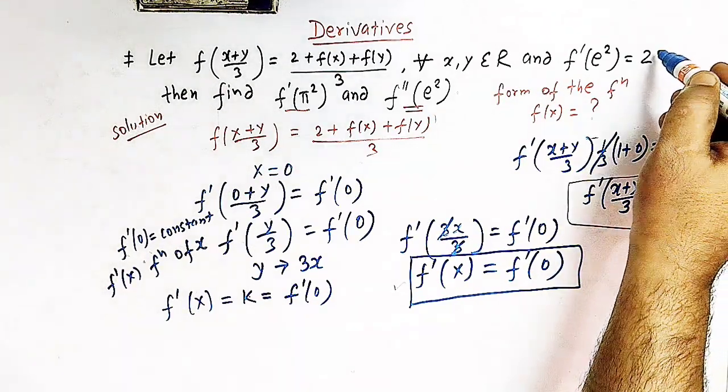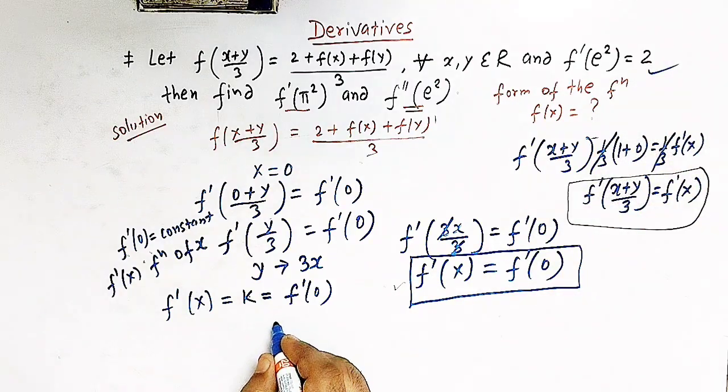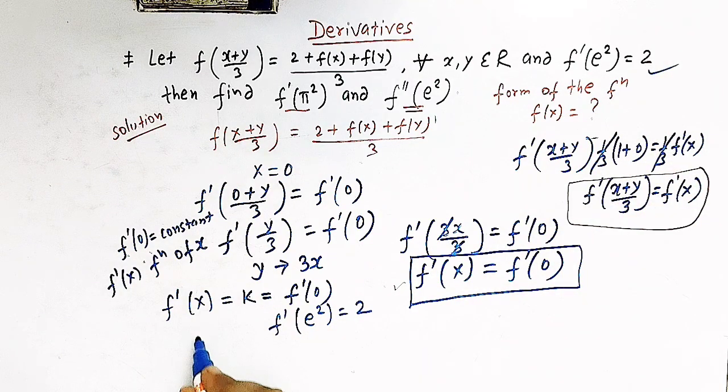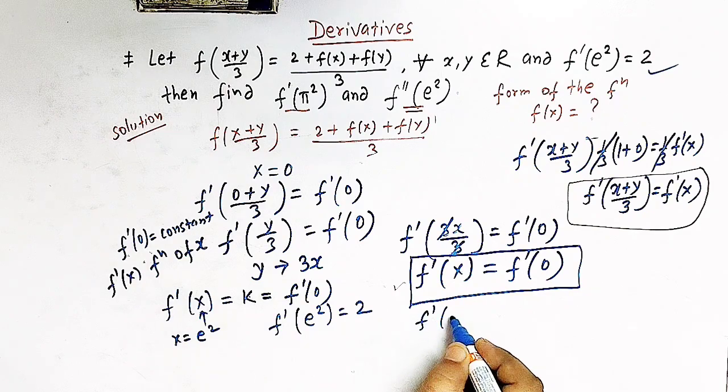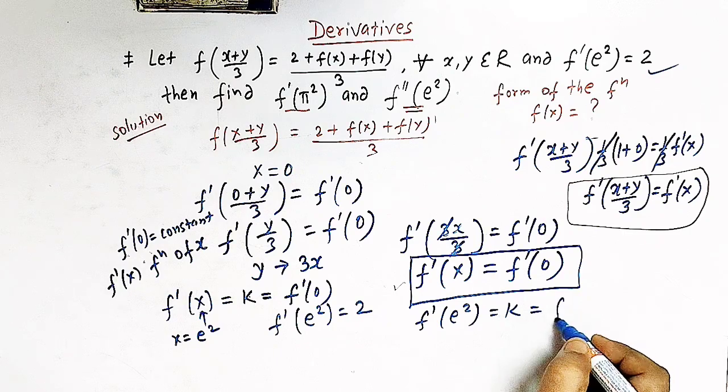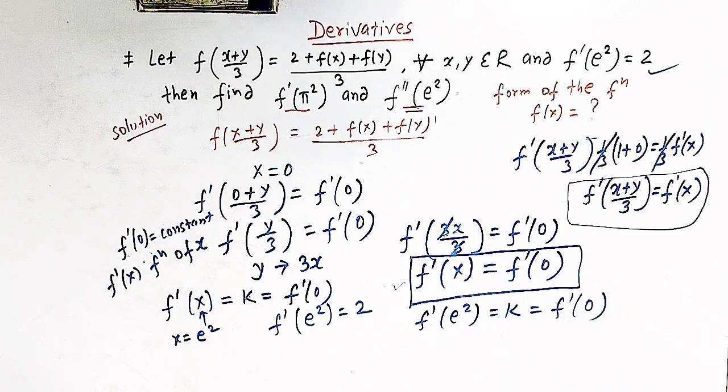So now here we are given that f prime of e square is equal to 2. So if we take here x is equal to e square, then this equation gives us f prime of e square is equal to k is equal to f prime of 0, right?